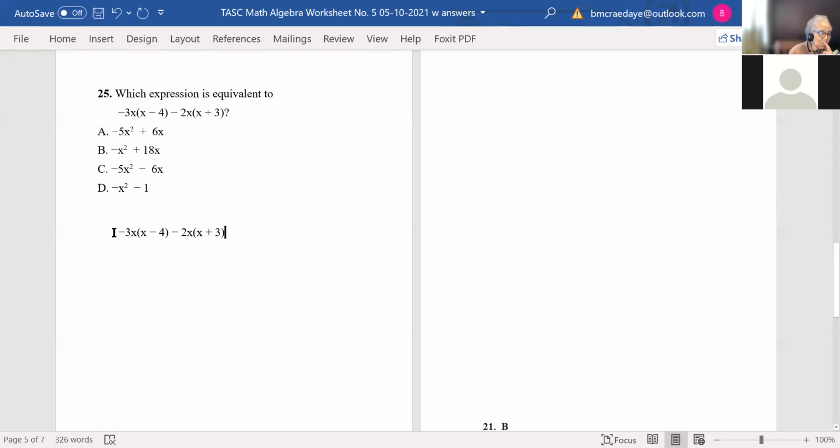What's a minus 3x times x? No, you've got powers here. It's x to the 1 and x to the 1. When you multiply, you add the powers. So what's a minus 3x times x?